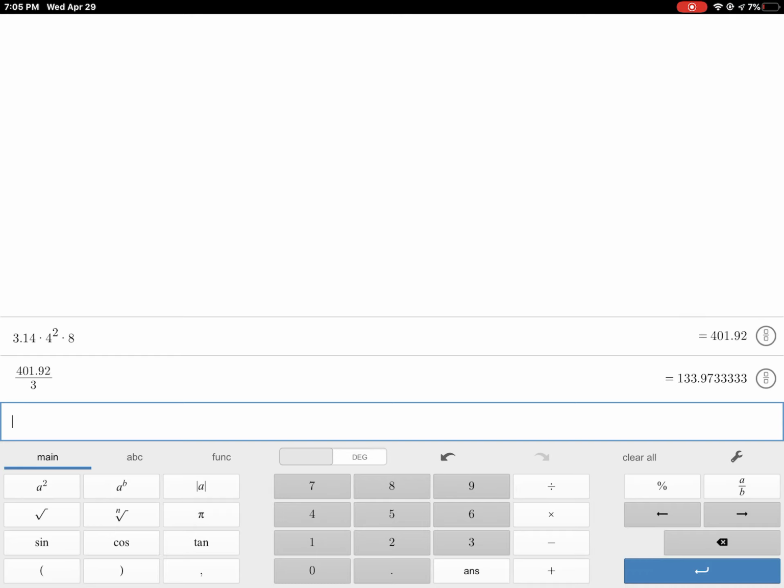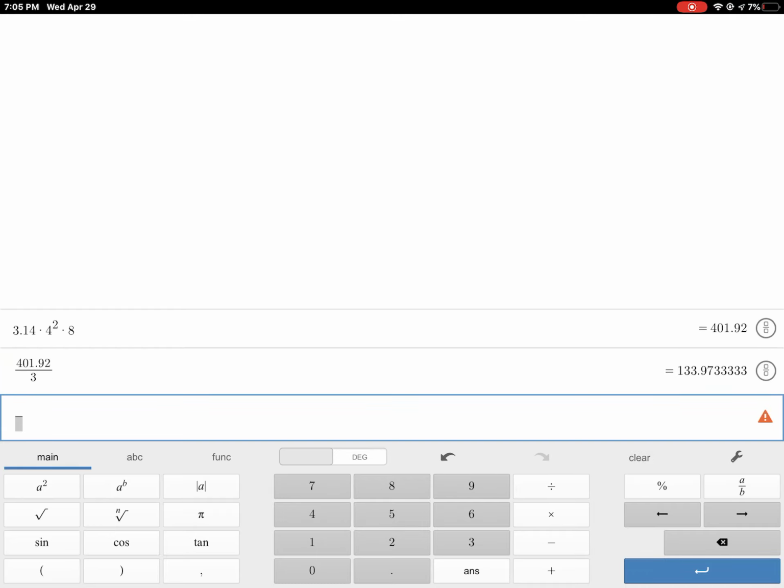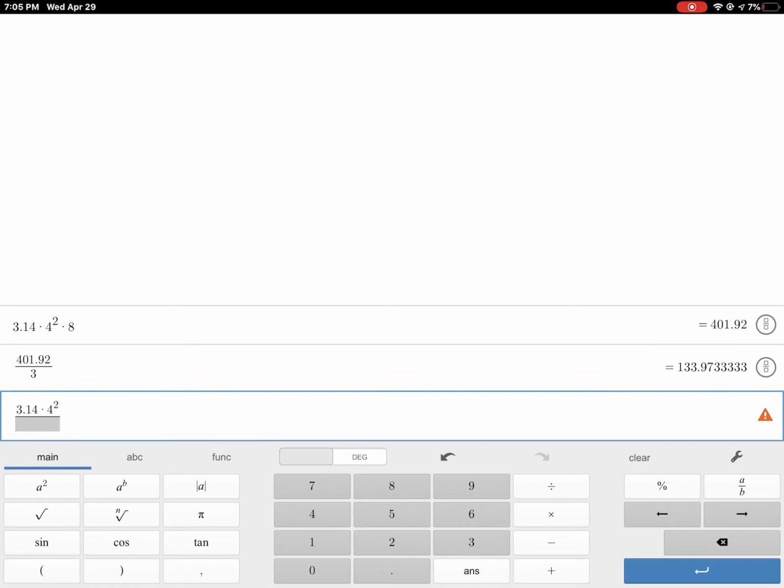I'm going to put the divide symbol first. And look at that. If I do the divide symbol first, it just gives me a fraction. So I can do 3.14 times radius squared, which is 4 squared, times the height, which is 9. And now I divide by 3. So take a look at that. 3.14 times 4 squared times 9.